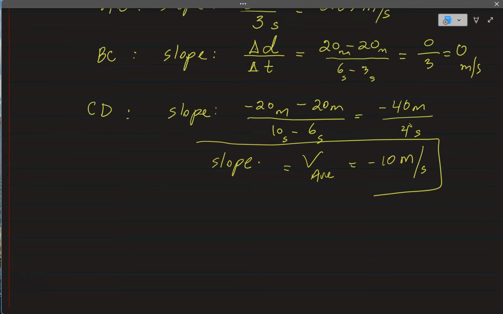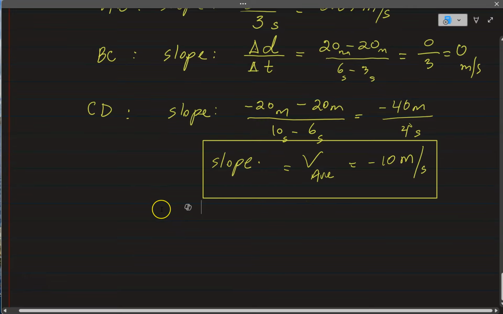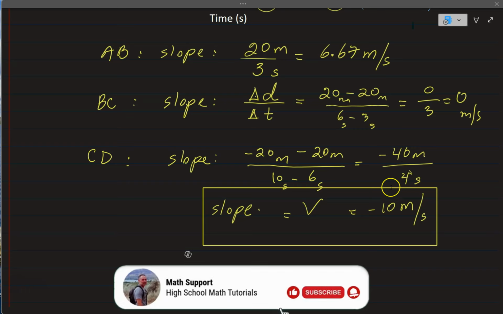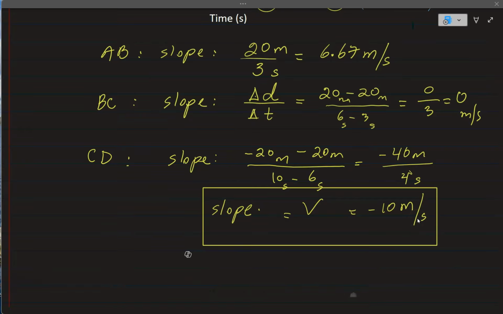So the velocity for the part of the trip CD turns out to be negative 10 meters per second. Why is it negative? Because the direction has changed. The displacement has changed, therefore the direction has changed, and it's negative 10 meters per second. That's what it means. It just has to do with the direction.